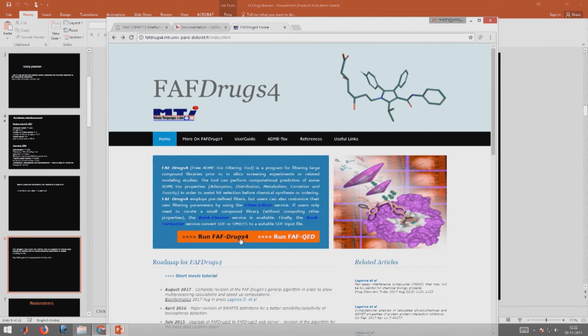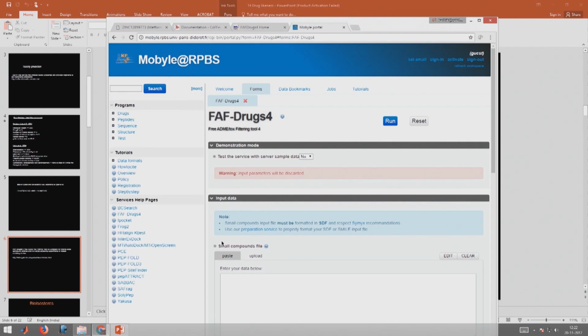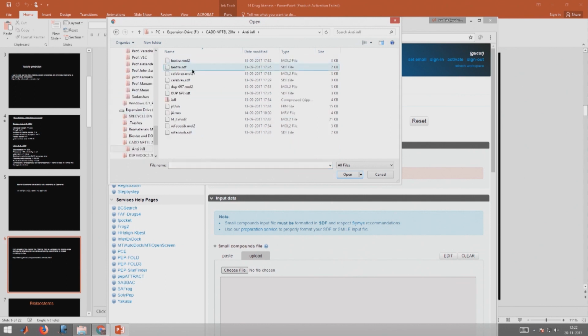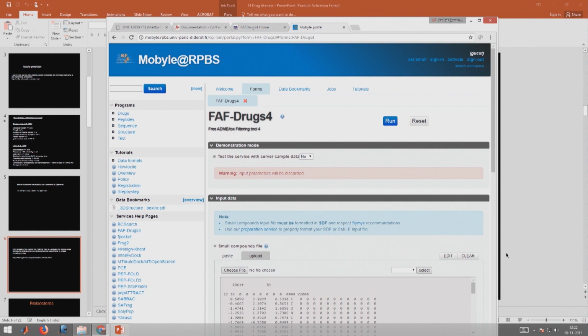So let us look at a system, run FAF. So when you say run, it gives you like this. So imagine I am uploading a structure, I can choose a file, I can go to computer, it needs an SDF file, so I am loading an SDF file. This is Bextra, a selective cyclooxygenase 2 inhibitor, okay. So I have loaded this file, and then I can do a lot of calculations here.